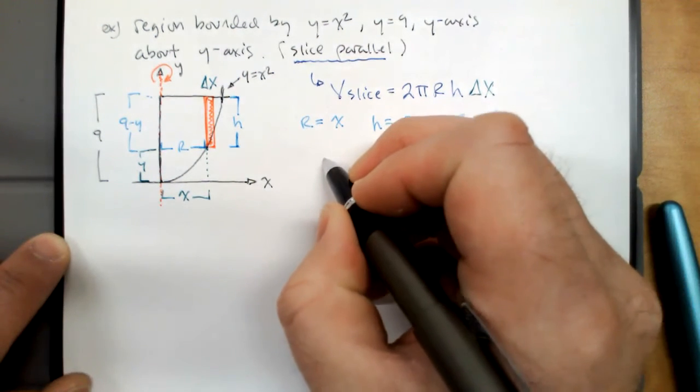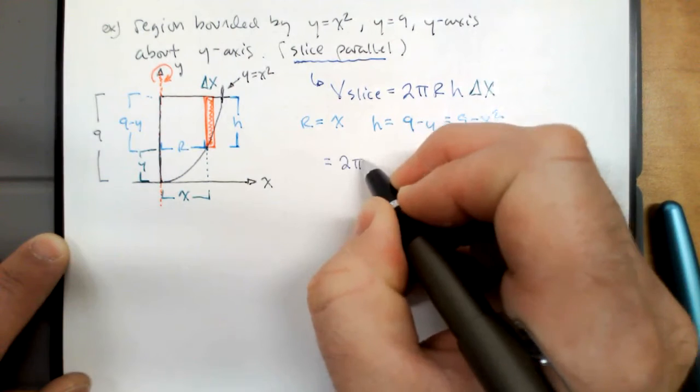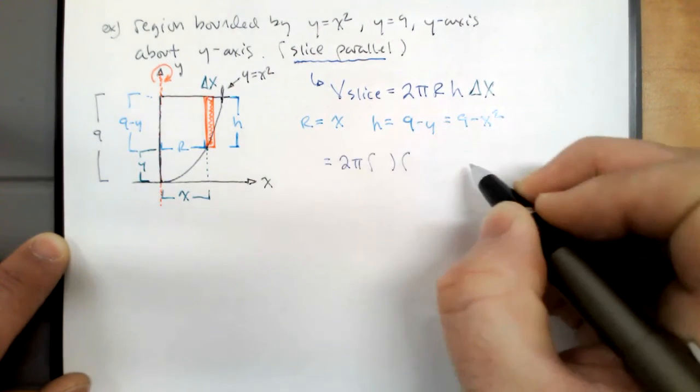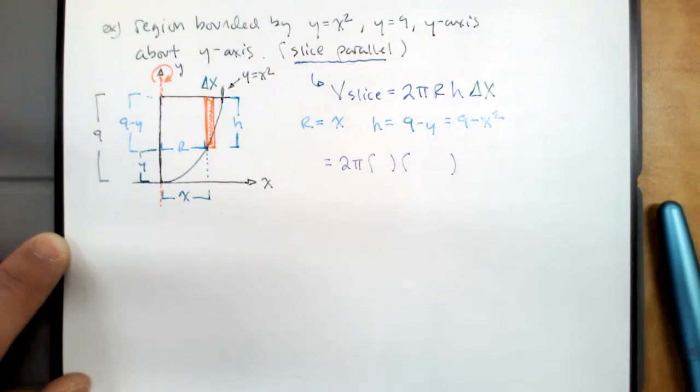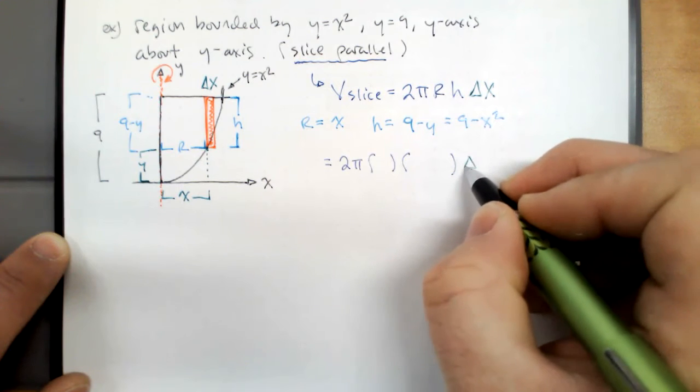So the volume of my slice is 2 pi times the radius, x, times the height, 9 minus x squared, times the delta variable, delta x.